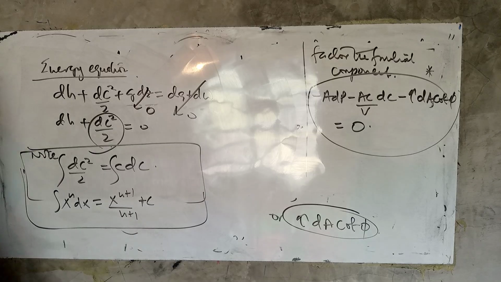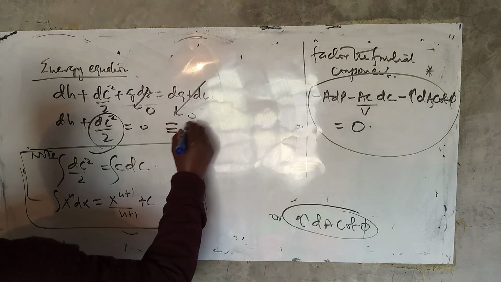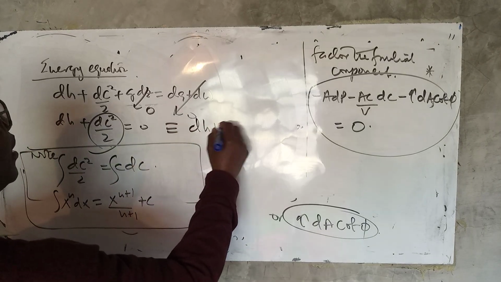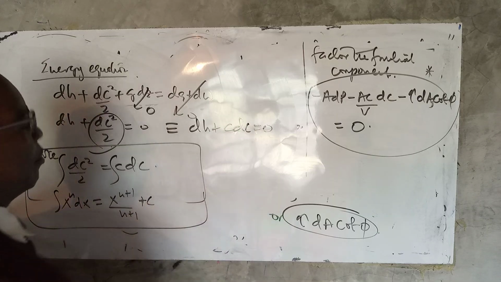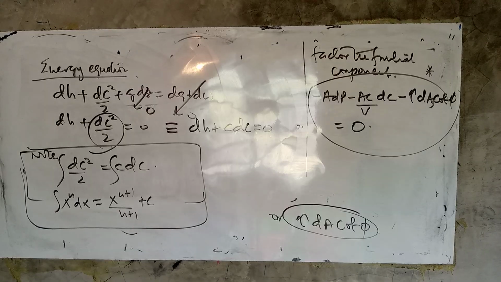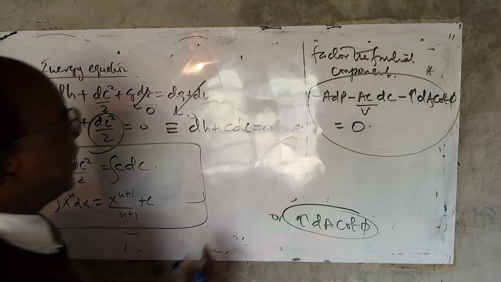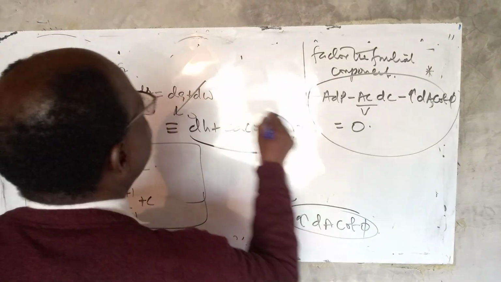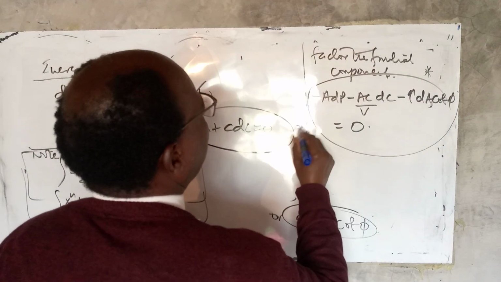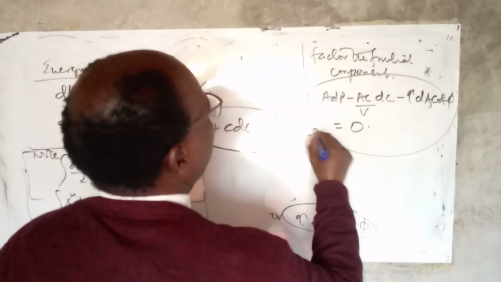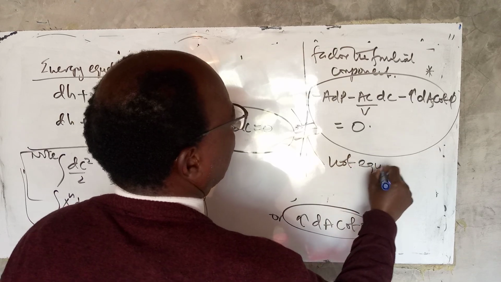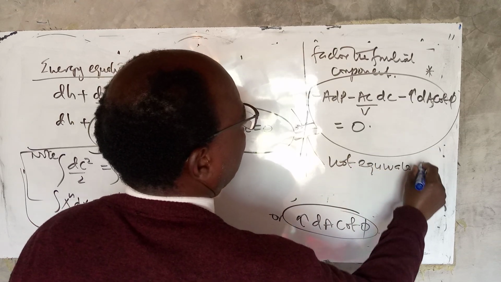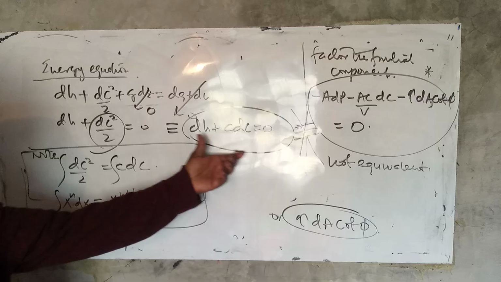So this basically is the same as dH plus C dC equals 0. Now, if you look at these two equations, they are not the same. These equations are not equivalent.